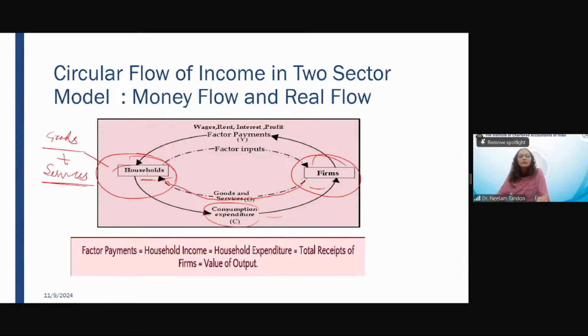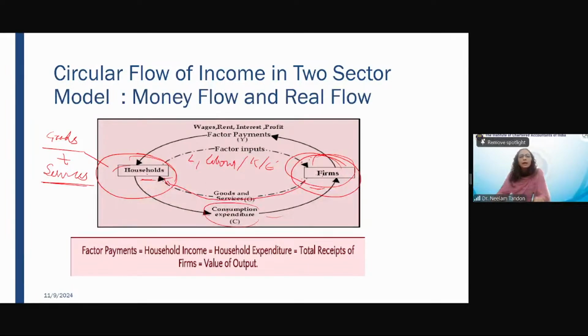Similarly, if firms are producing, how are they producing? Because you are giving your services. So what are the factor inputs giving services here? You have land, labor, capital, and entrepreneur. These are factor inputs.